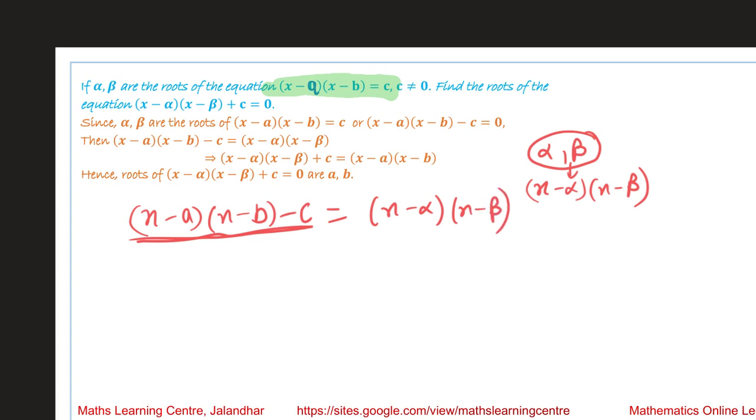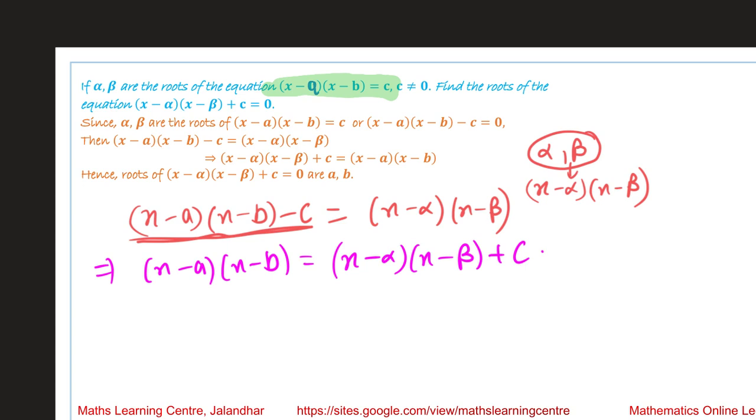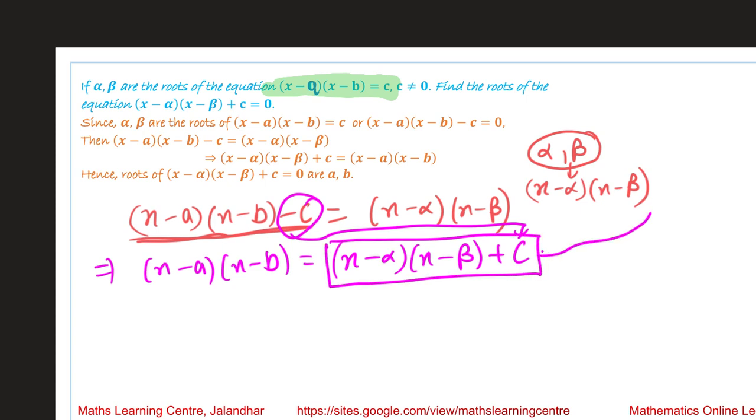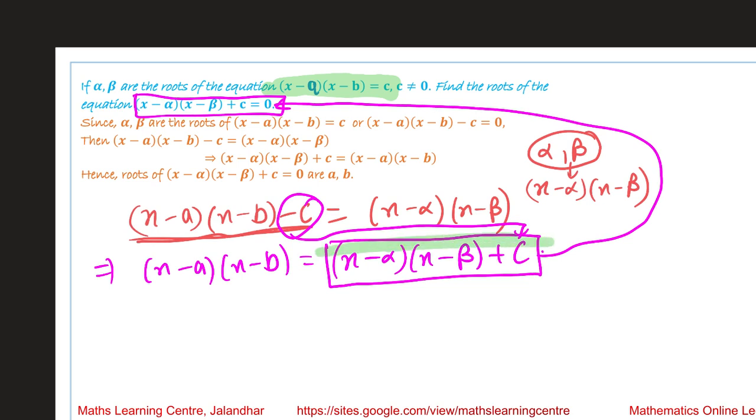So from this we get that x minus a into x minus b is equal to x minus alpha into x minus beta plus c. We have shifted this c to this side. Now look at this equation over here. This is the equation for which we have to calculate the roots, and we have written this equation in the form x minus a into x minus b.